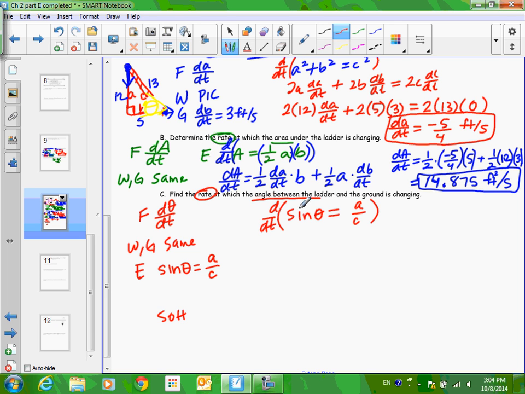So what's the derivative of sine theta? Cosine theta times what? D theta over dt. Always d whatever the variable is over dt. That's the same no matter what we're doing. What am I going to have to do to derive A divided by C? What rule? Again, you can groan and whine all you want. I understand, but let's keep going.